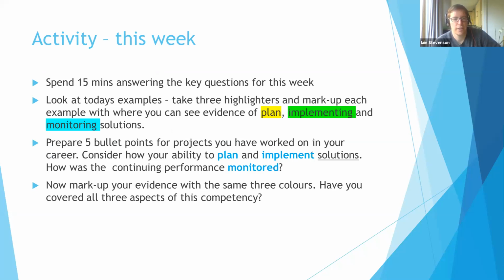So I've summarized it a little bit, but you can actually pinpoint where those points are. Prepare 5 bullet points for projects that you've worked on in your career. Consider how the ability to plan and implement solutions, and how were those solutions continually monitored? How did you know that they worked or didn't work?